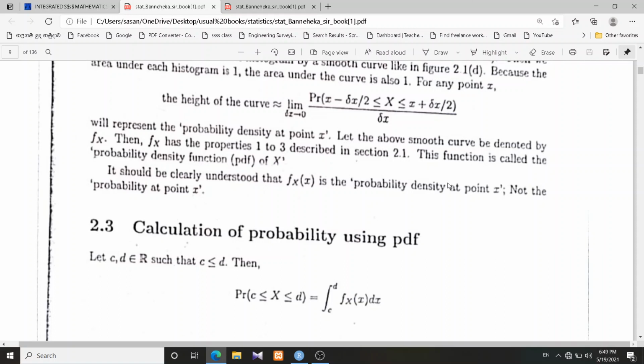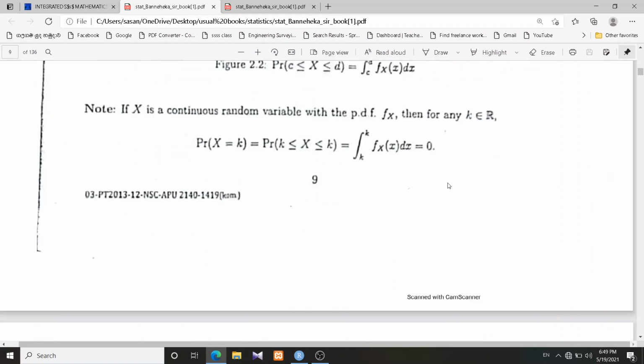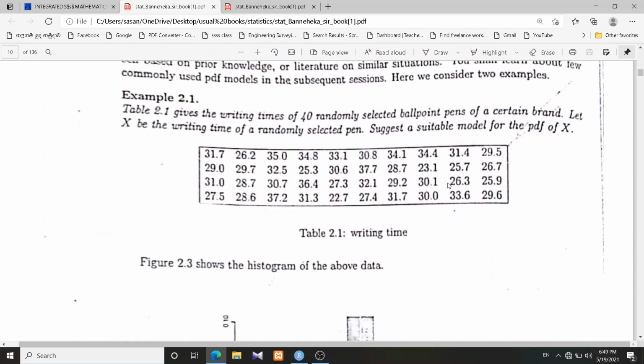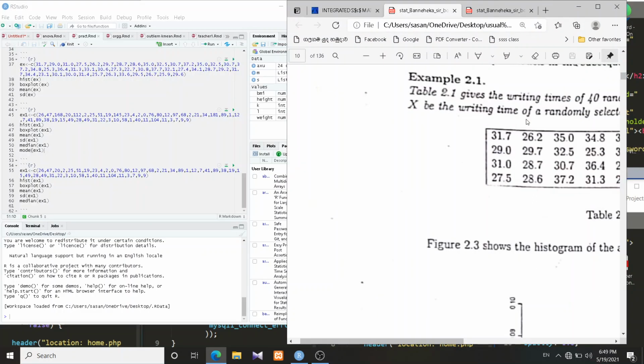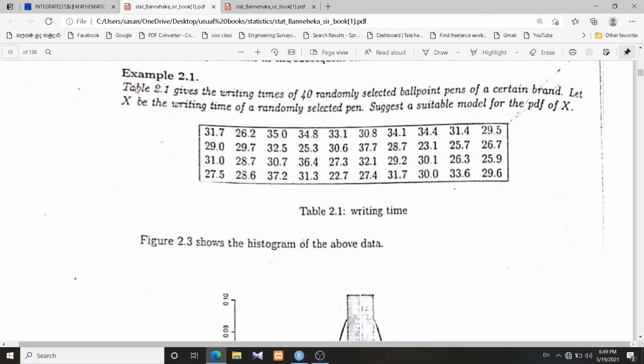So really that is enough. You can see that they have shown you some data here, right? Here is the data set. You are given the writing times of 40 randomly selected ballpoint pens of a certain brand.